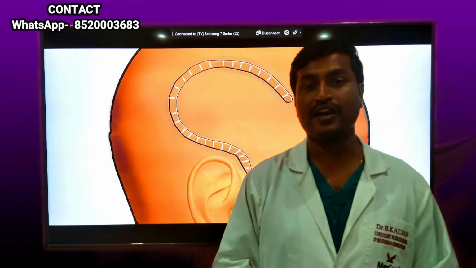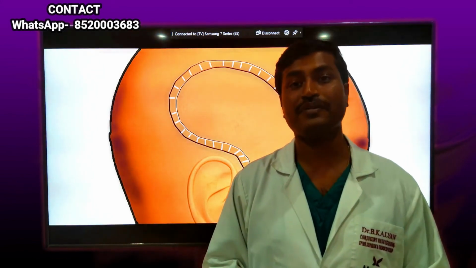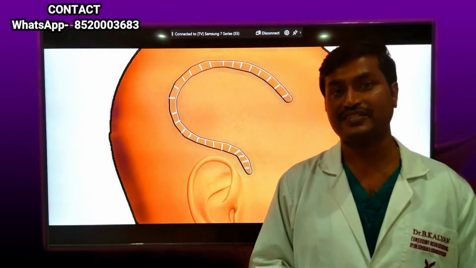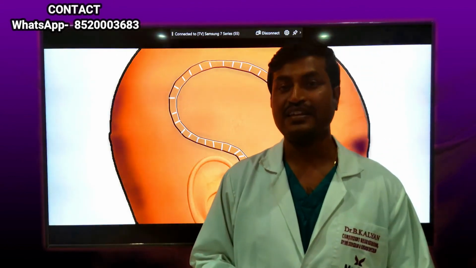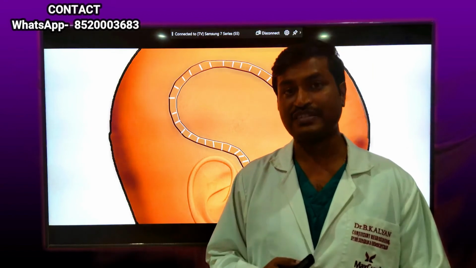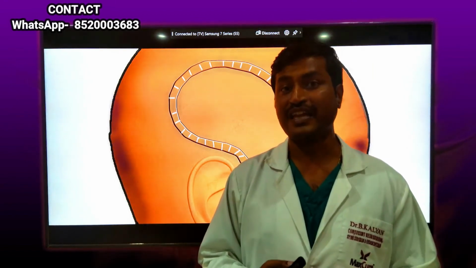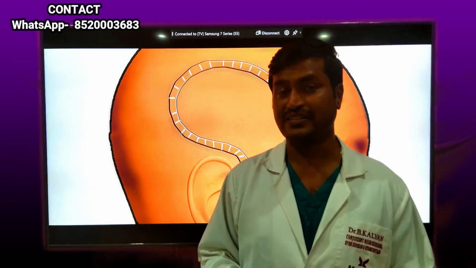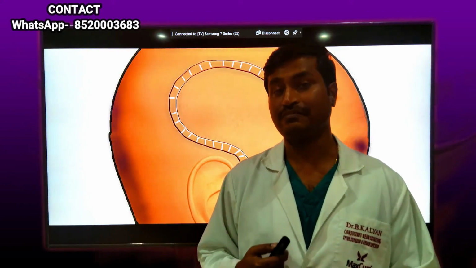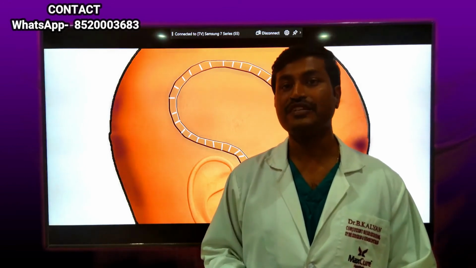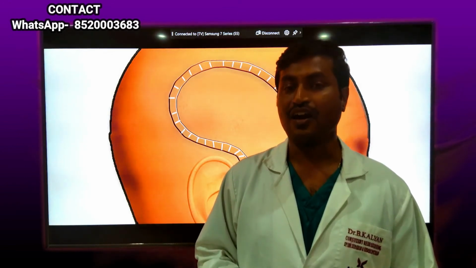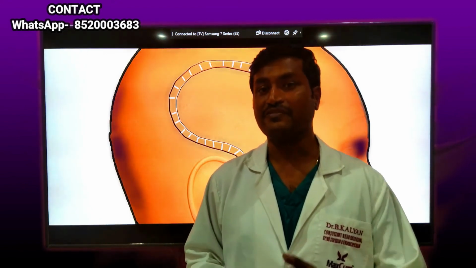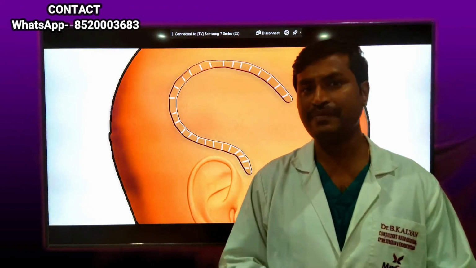So after seeing this video, I hope you have understood how a brain tumor is removed. The success of the surgery depends upon a number of factors. It depends upon the neurological status of the patient, the nature of the brain tumor, how soft it is, how bloody it is, how we call it vascularity, how much blood supply the tumor has, which part of the brain it is, how deep it is from the surface of the brain, and many factors.